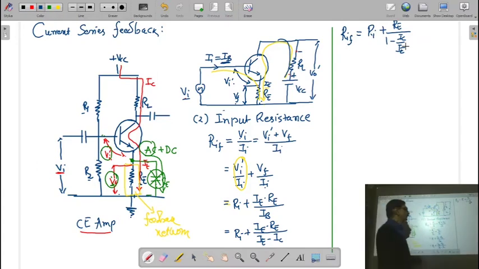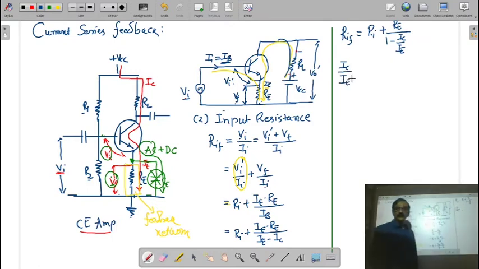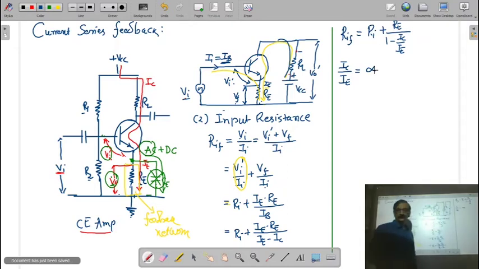Now you know that IC by IE also represents the current gain of the amplifier, and here it is known as alpha. Alpha is the current gain of the common base amplifier, IC by IE. If it is IC by IB, then it is beta.